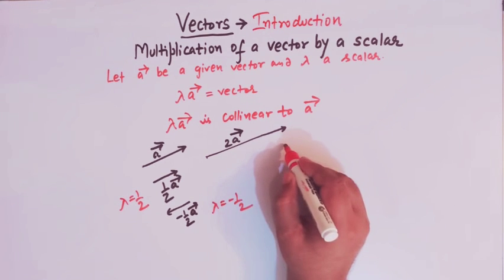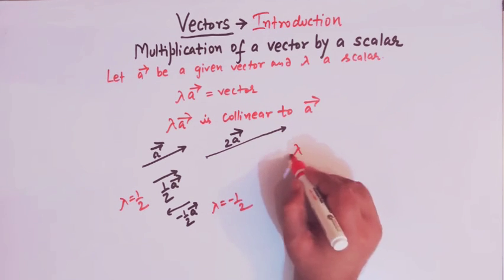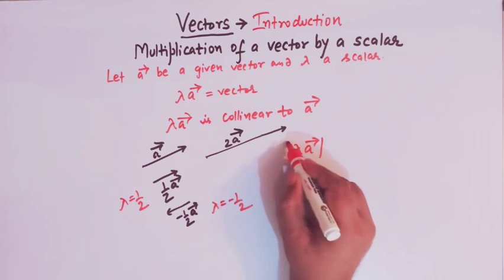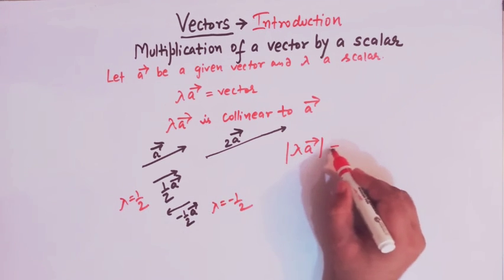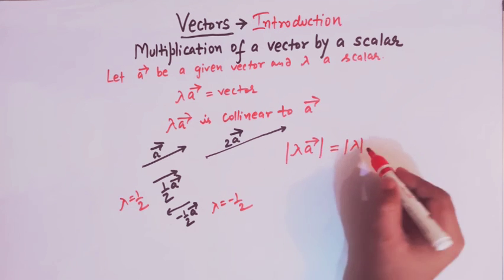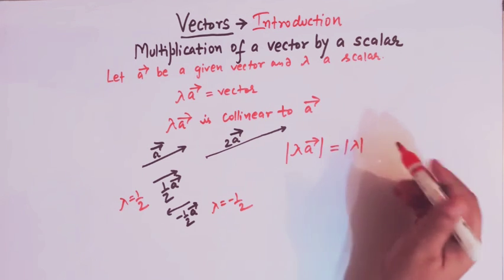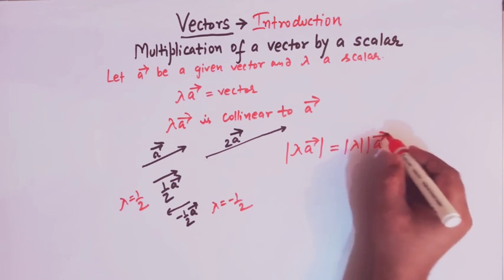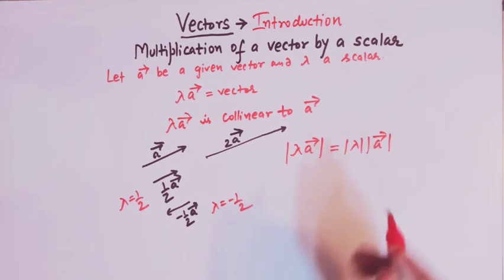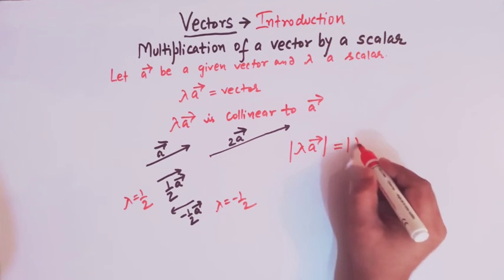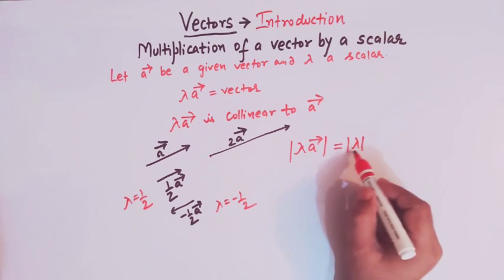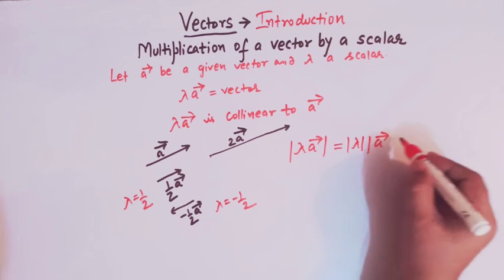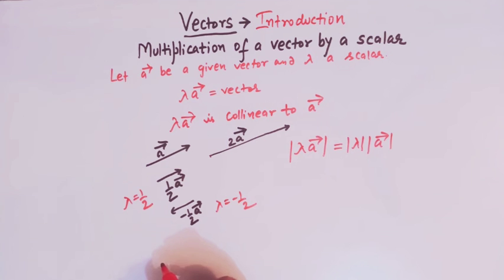Now the magnitude of this vector, that is lambda times vector A, is denoted by this symbol, and we can write it as the absolute value of lambda times the magnitude of vector A, right, equal to the magnitude of lambda and the magnitude of vector A, right?